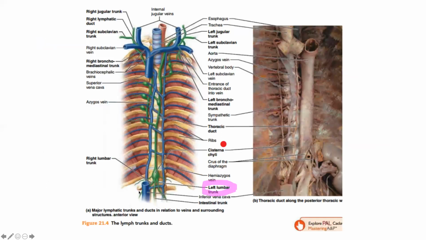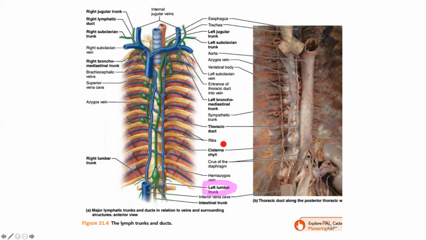So now let's look at cisterna chyli here. It is a union of the right and left lumbar lymphatic trunks and the intestinal trunk. At the beginning, it is slightly bulged, and that area is called cisterna chyli.